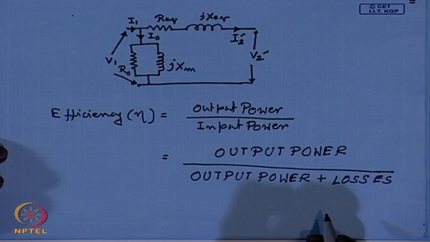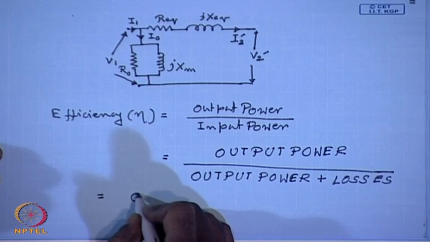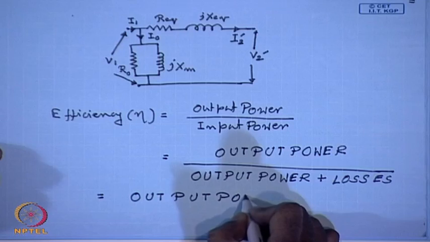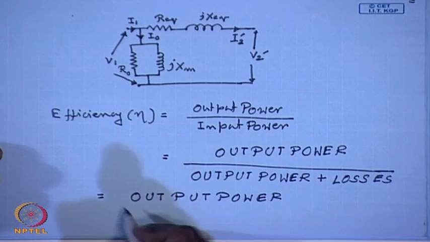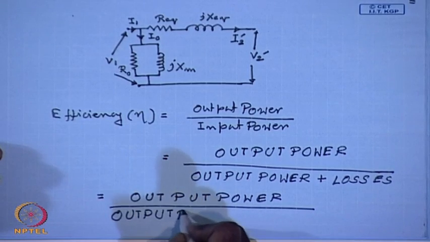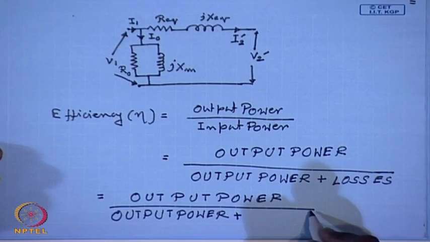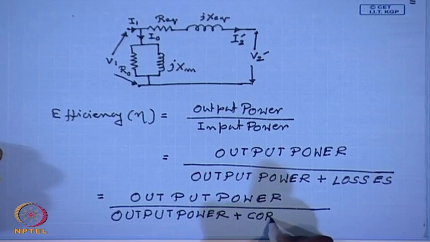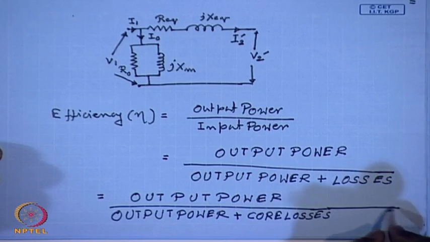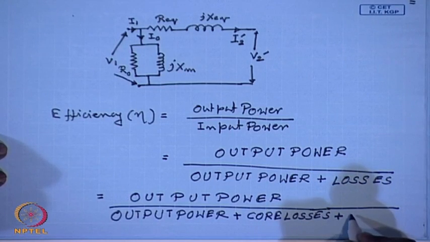Therefore, the losses can be broken down into two parts: plus core losses, plus losses in the winding resistance, this is called the copper loss.